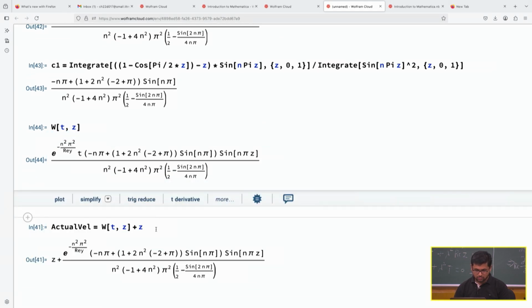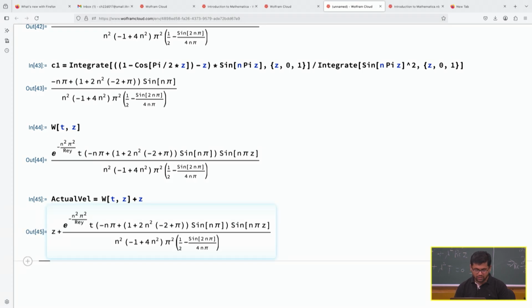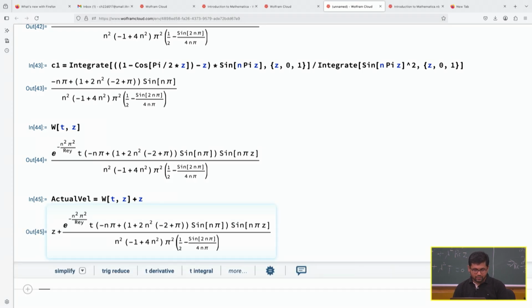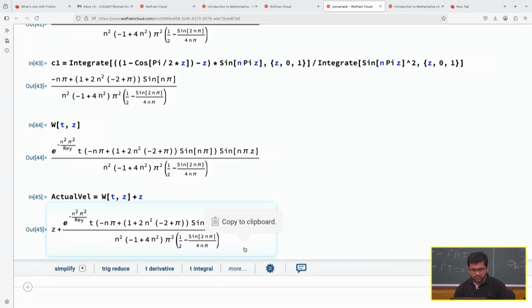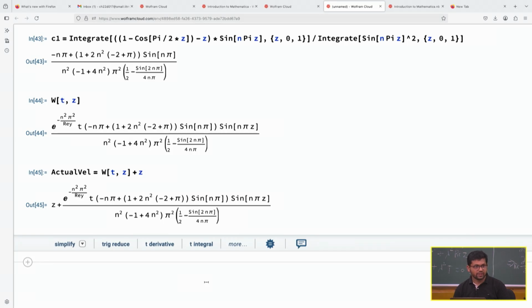So, this actual velocity profile is a function of t and z both, and again the question is what will be the value of n, because from the solution we had gotten that n is greater than or equal to 1. So, n can be 1, 2, 3, 4, 5 anything.